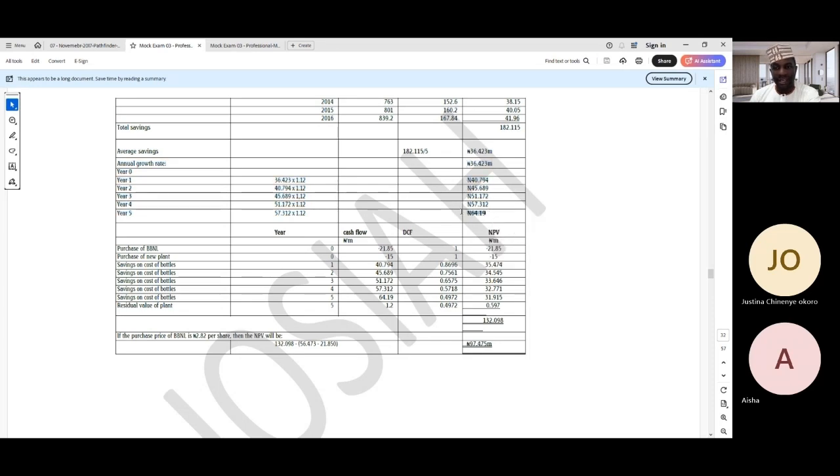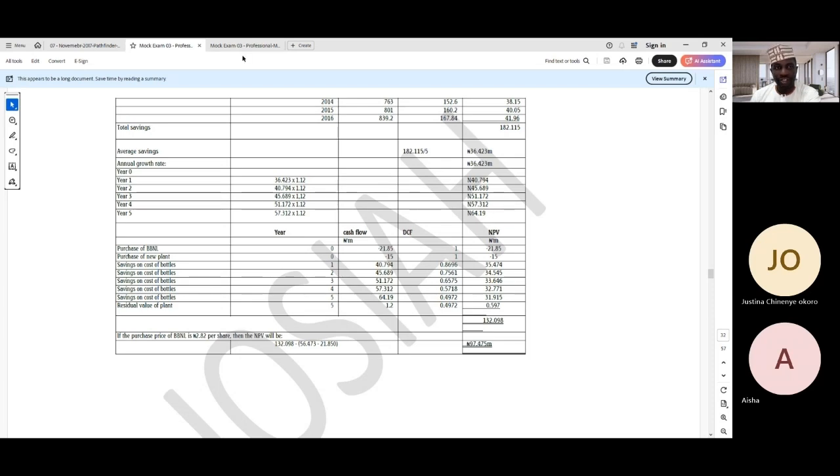So now we have this amount as our cash flow because each year we said the growth rate of the investment is moving by 12% upwards. So for each year, we use that as our cash flow because we need it to compute our NPV.